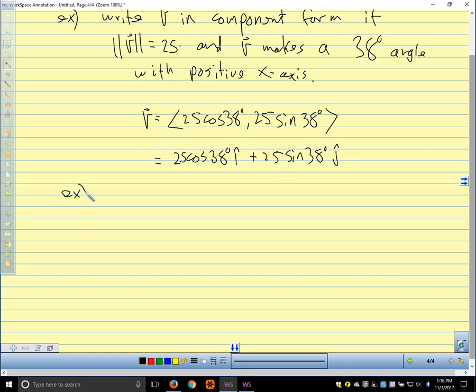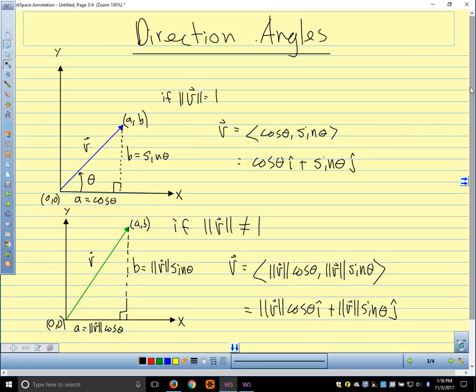We might also be asked to go the other way and find the direction angle of V equals 2 i hat minus j hat. And I think, let me go back here, I think I forgot one thing.